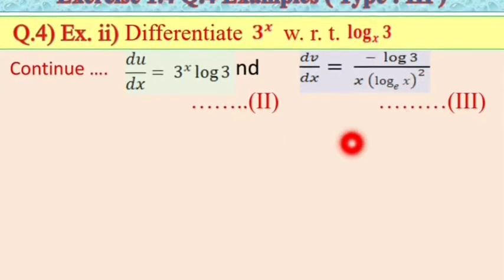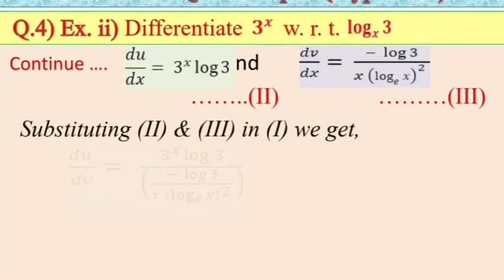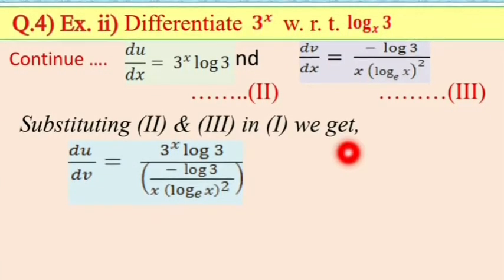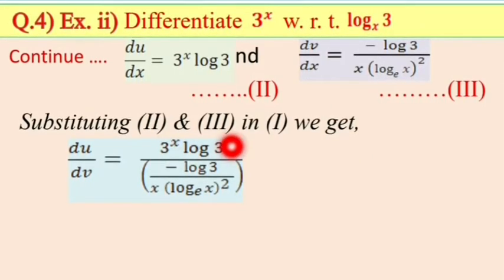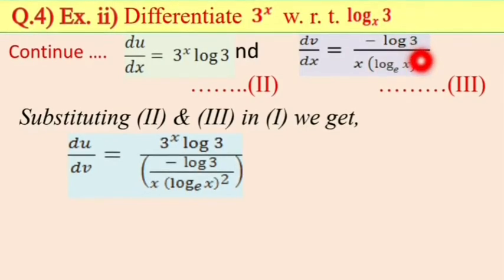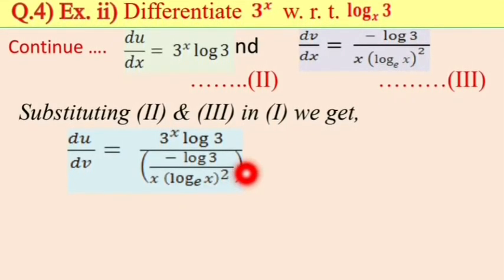Now substituting these values of second and third in equation first, we get du by dv equal to du by dx, that is 3 raised to x into log of 3, whole divided by dv by dx, that is minus log of 3 divided by x into log of x bracket square.